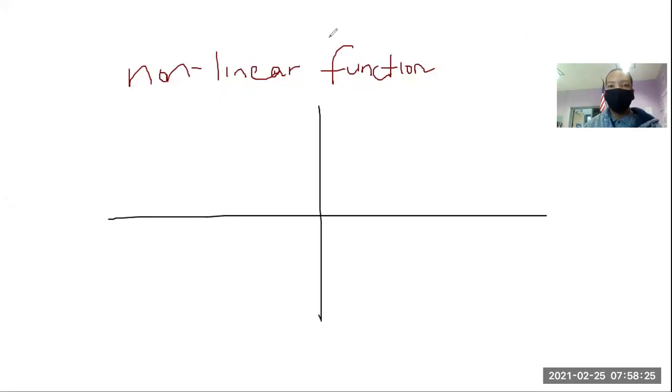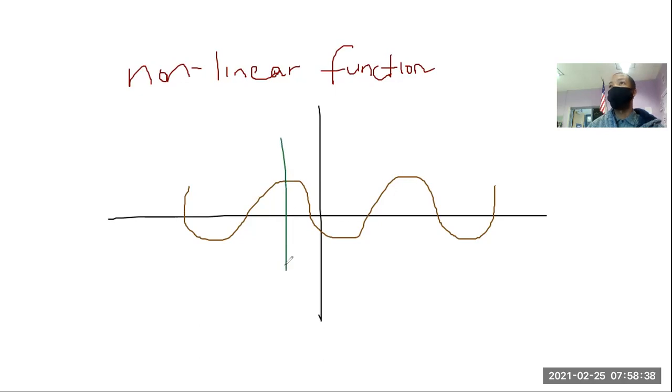So someone said a wavy line. If we do the vertical line test through this, that's a function, but it's not linear because it's wavy.